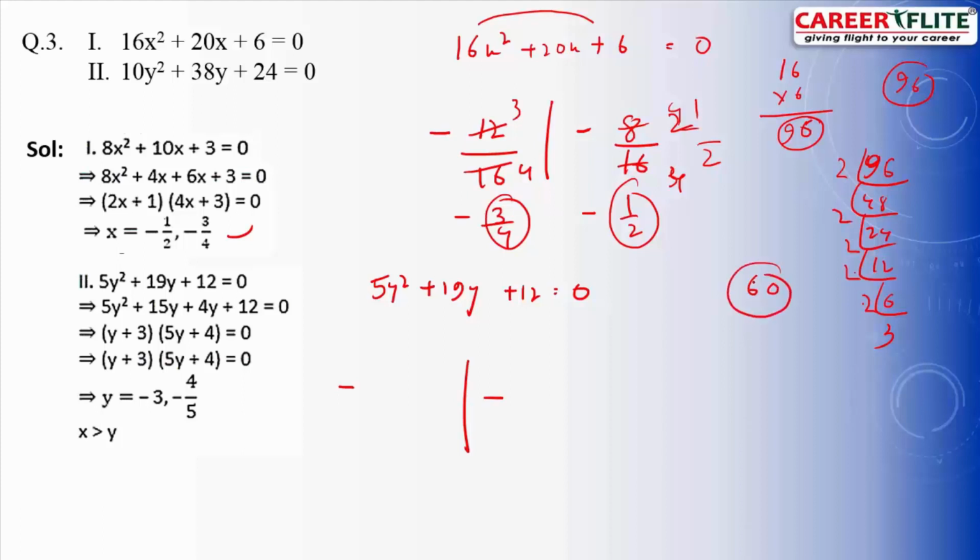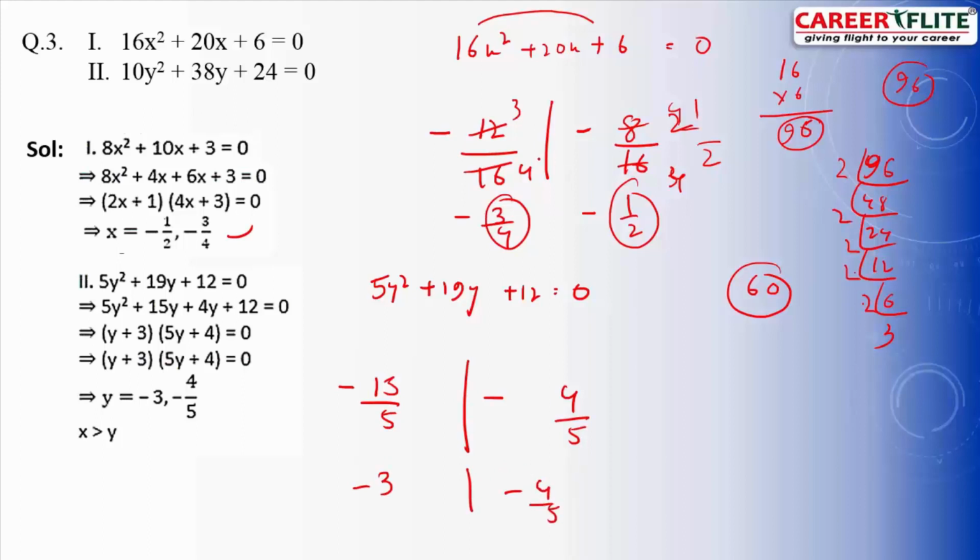So divide 60 in such a way that the multiplication of the roots gives 60 and the addition gives 19. So what can the roots be? It can be 15 and 4, because 15 fours are 60 and 15 plus 4 is 19. 15 divided by 5, 4 divided by 5, we will get minus 3 and minus 4 by 5.